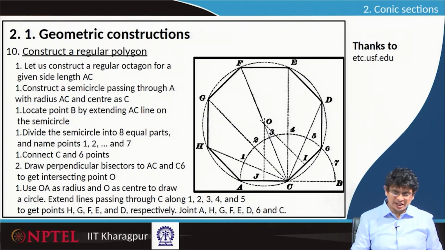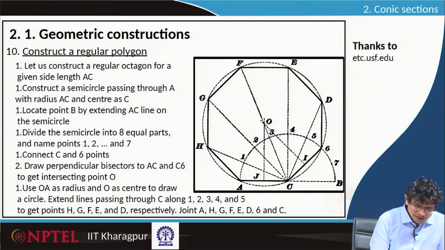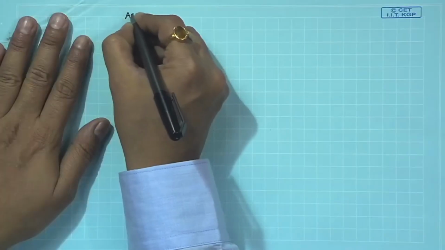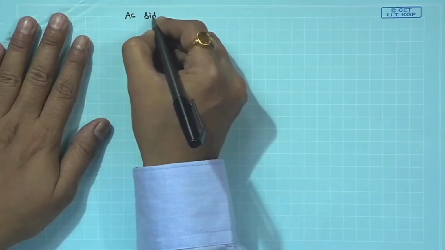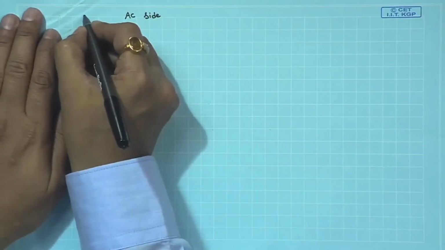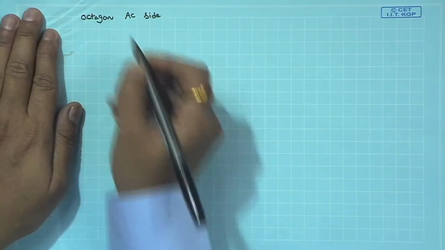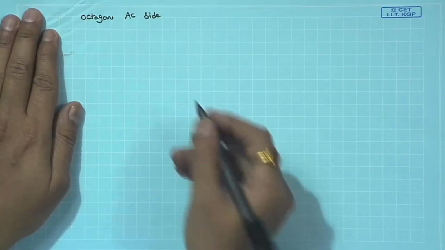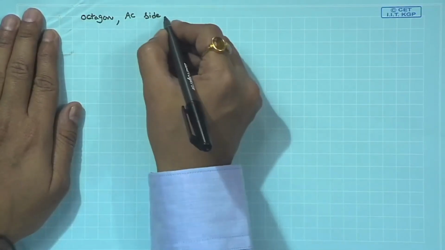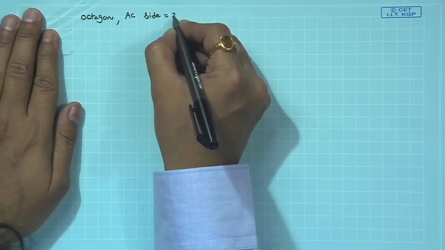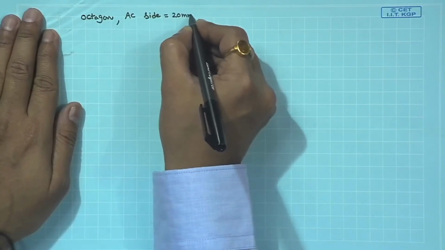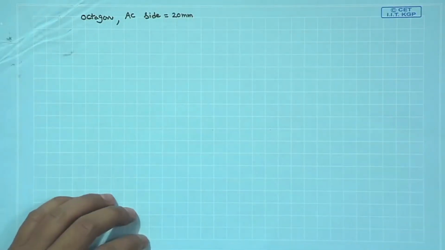So, let us pick an example. AC side length for the polygon what we are going to construct. The polygon what we are going to construct is octagon. So, it is supposed to have 8 sides. AC side length is a 20 mm side we would like to construct.